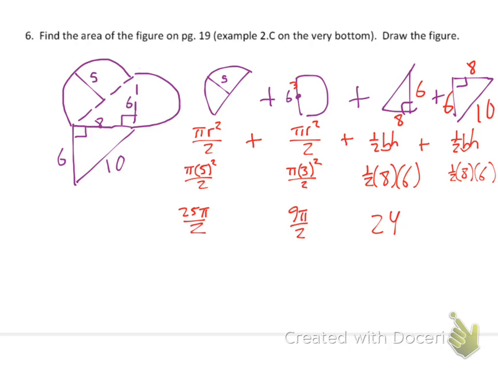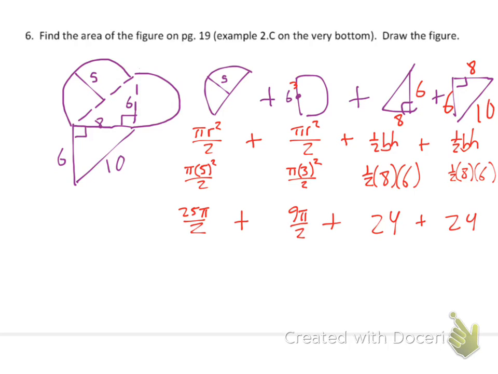What if I call my base 6? Then what's the height? 8. Notice that it's a right triangle. I could lay it down on 2 different bases. Could I also use 10 as my base? Yes. But then you would have to do a little bit more searching to find the height, wouldn't you? Yes. But are you given that information? No. So then don't use it. But you could do it. There's ways to make it happen. So, that's 24 again, isn't it?